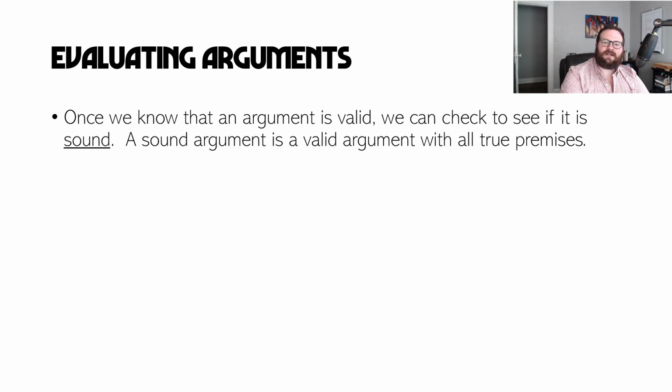Second, all of the argument's premises are true. So a sound argument is a valid argument with all true premises. Now, what follows out of that is that the conclusion has to be true as well, right? Because a valid argument says that the premises guarantee the truth of the conclusion, and if the premises are true, what does that mean? Well, the conclusion has to be true as well, okay?